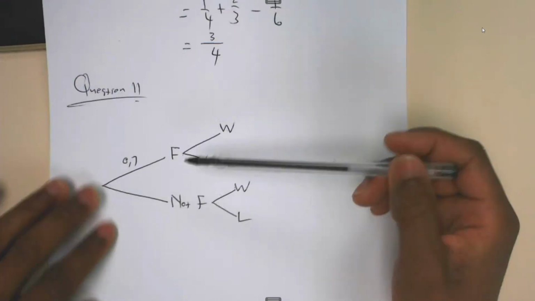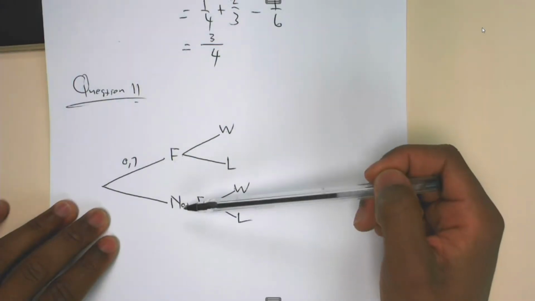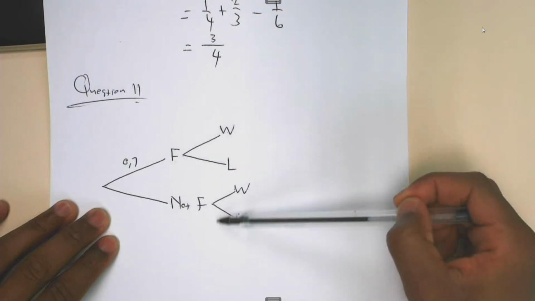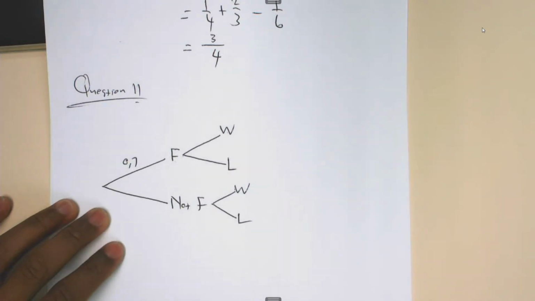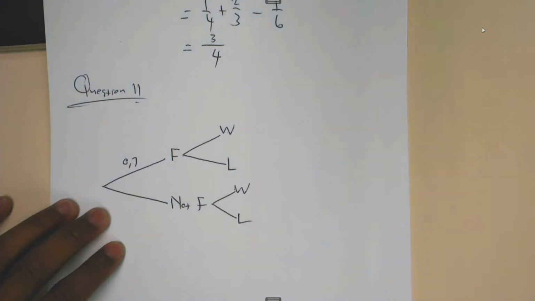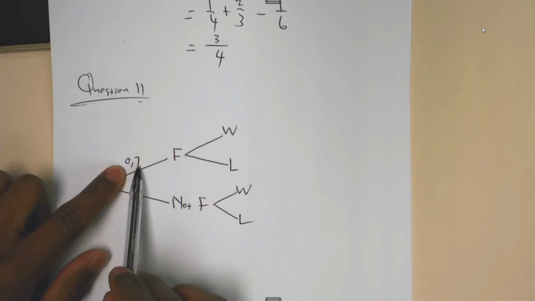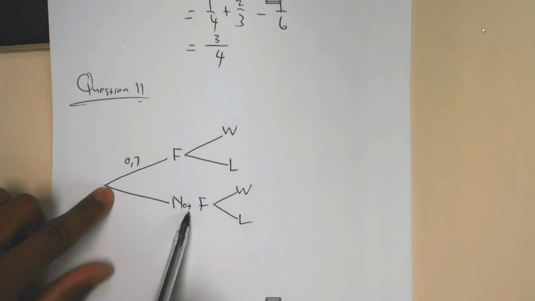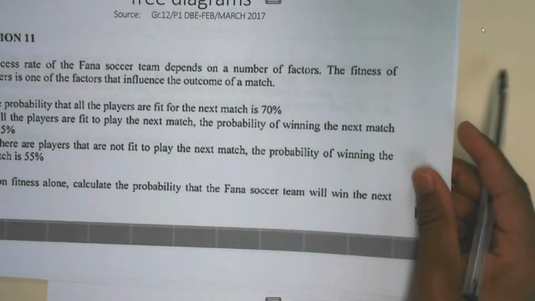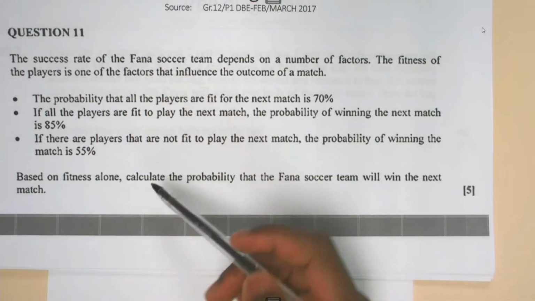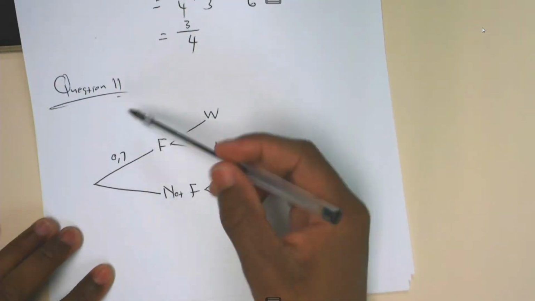Now, what's also important for you to know about a tree diagram is that the probabilities of each branch add up to 1. So it means if the probability of them being fit is 0.7, that means the probability of the players not being fit, even though it was not explicitly stated to us, is found because on each branch the probabilities add up to 1.